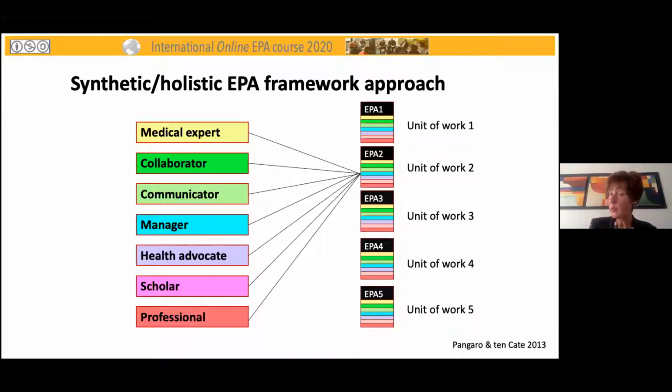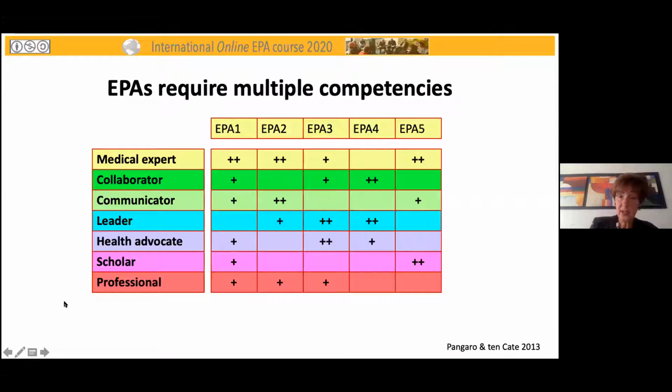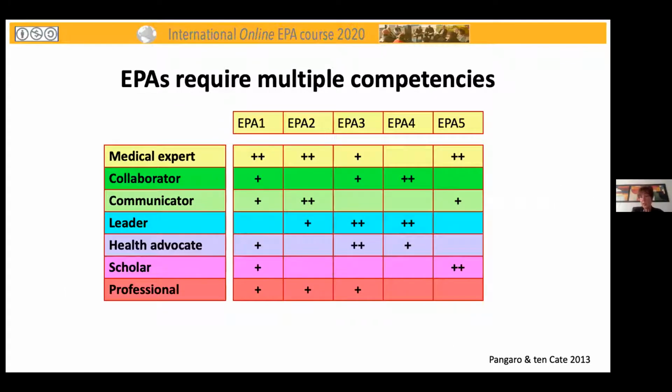But you should also be a medical expert, because you need clinical reasoning to be able to do history taking. So EPAs need an integration of multiple competencies. And this is how you could look at the interaction of the EPAs with the competencies of the persons, like I just explained to you.